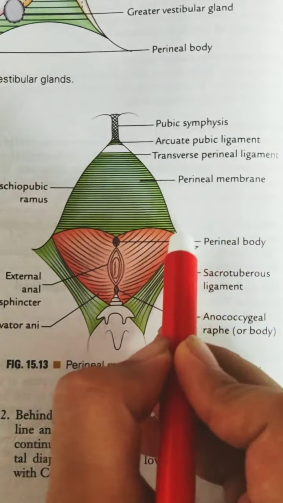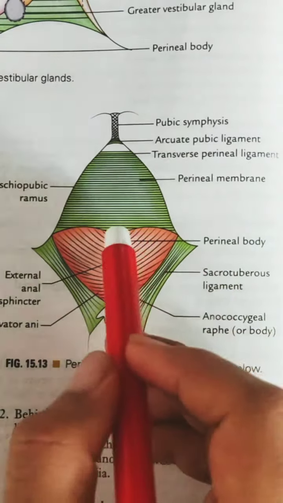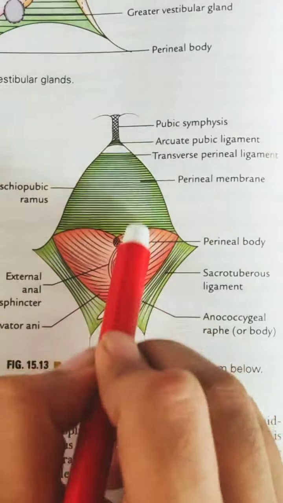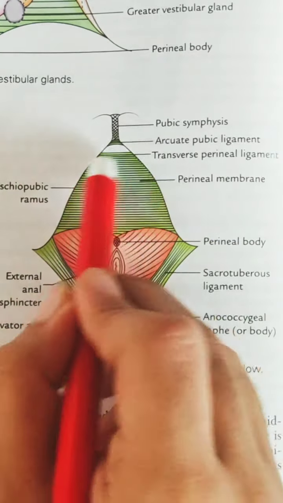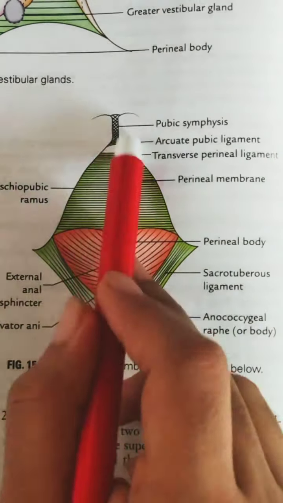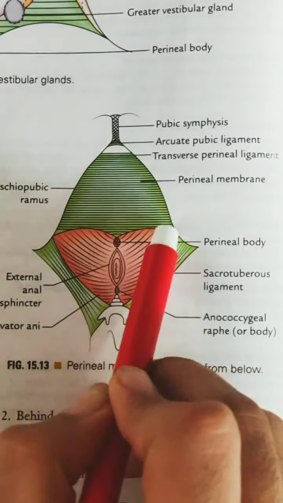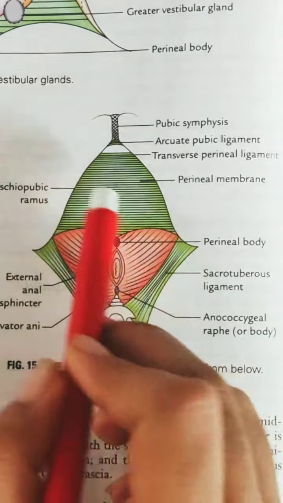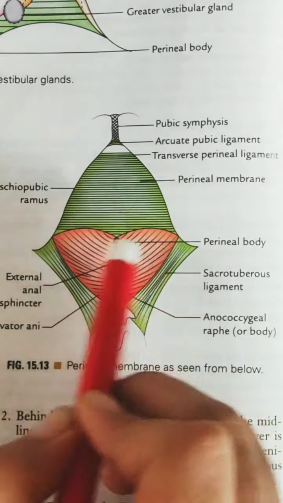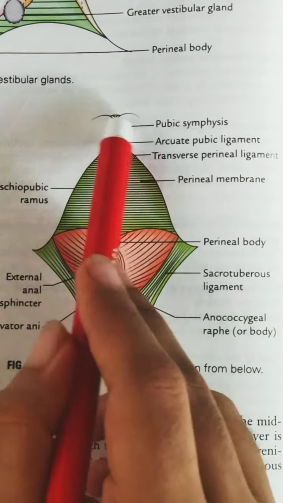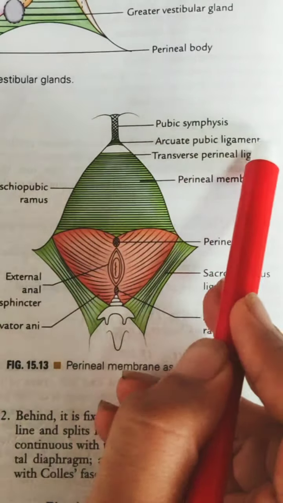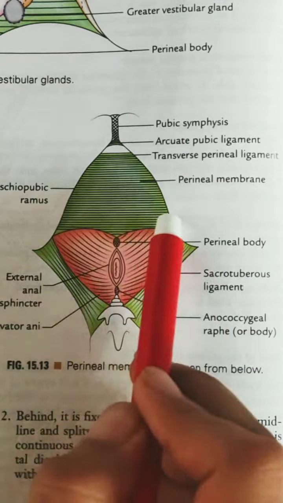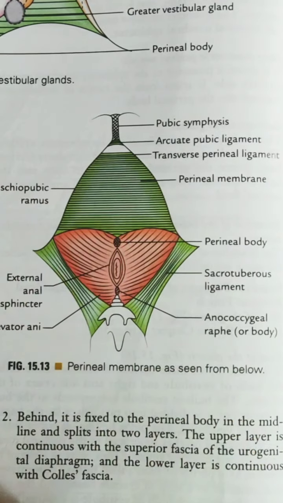You can see the perineal body, and it is continuous with the transverse perineal ligament. So the perineal membrane is a triangle-shaped structure with the apex upwards and the base downwards, the lateral sides are the ischiopubic rami, the anterior apex is the arcuate pubic ligament, and the base is the perineal body and the transverse perineal ligament. Okay.